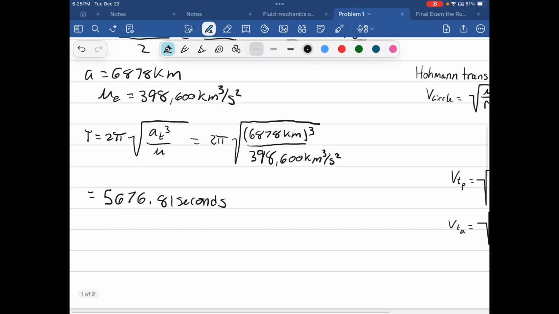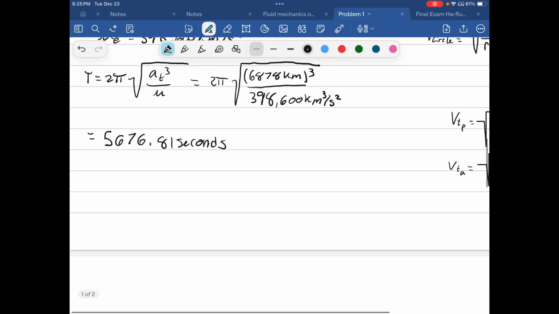So then our transfer time is going to be 1/2 of our period, which will equal 2,838.41 seconds.